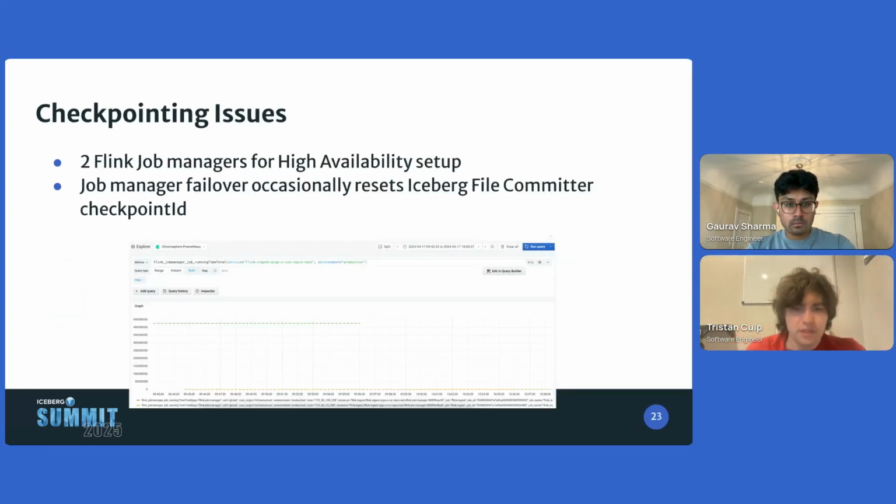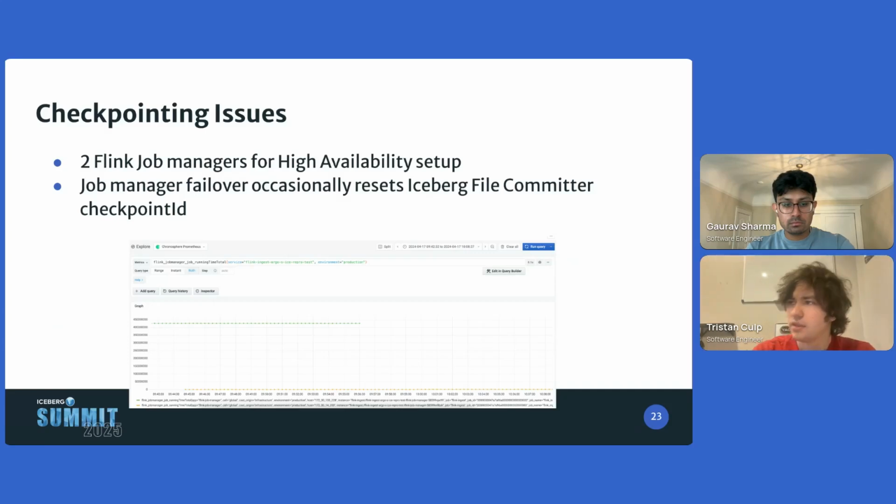So at the time for our Flink jobs, we were using 2 Flink job managers for this high availability setup. And we found that very occasionally, very rarely, or during some cluster upgrades, sometimes the job manager would fail, a new job manager would pick up, but it would reset the so-called checkpoint ID that the Iceberg file committer was using.